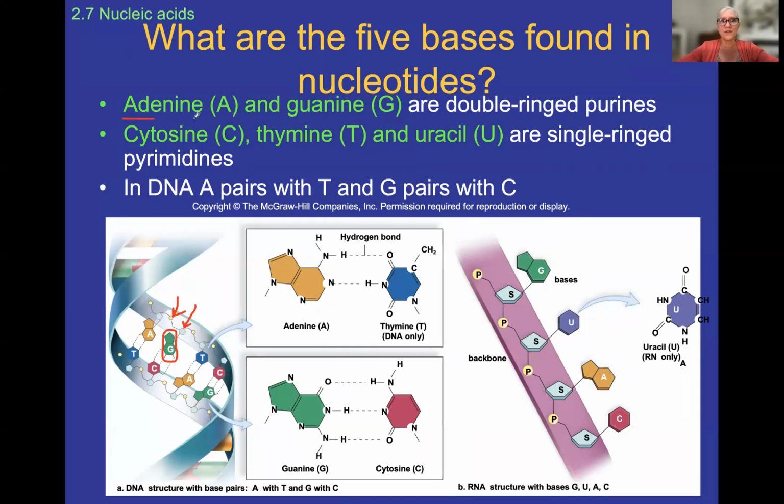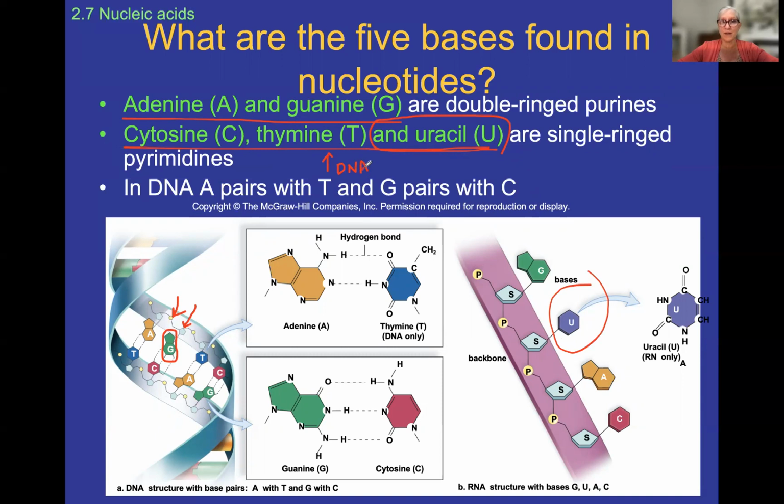There exist 5 different types of bases. RNA is the only one that has uracil. That's what you see in RNA, like here, you're seeing uracil. And DNA has thymine. But each molecule is going to have 4 different kinds of bases.